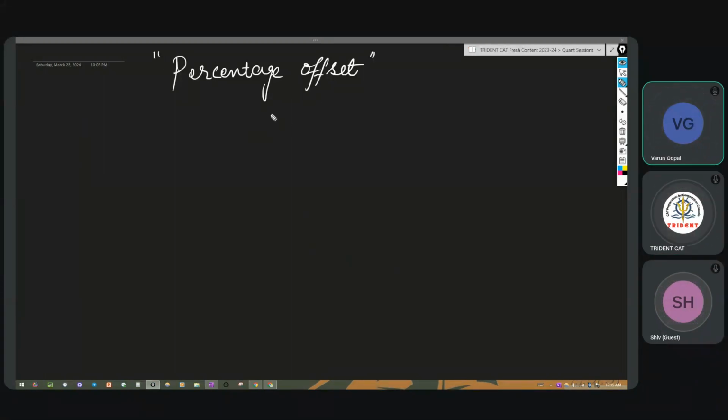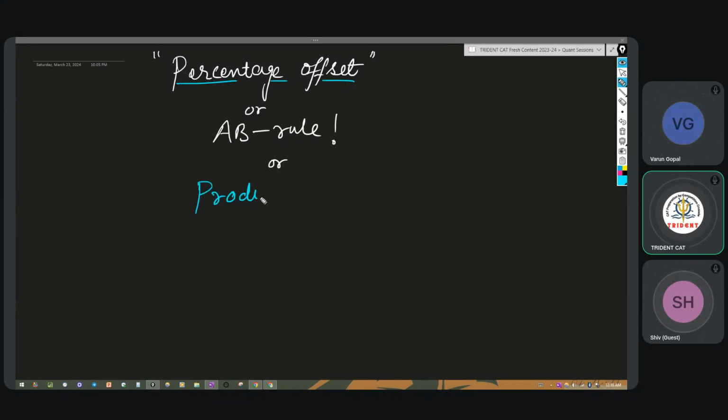In some textbooks or some faculties, on YouTube here and there, it is also called the AB rule. I like to call it, this is my lingo. Percentage offset is something that the module will probably use, but my lingo is product constancy.